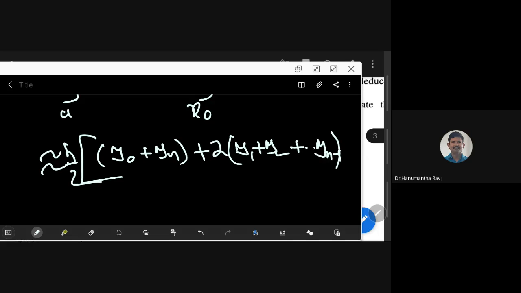This is the formula. Simply you take that, you will get the approximate value of the integral.